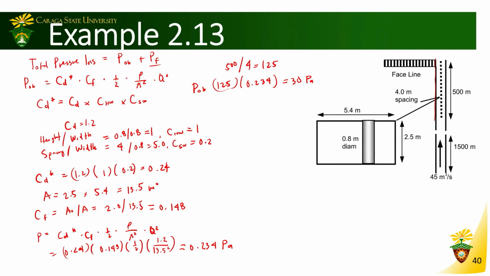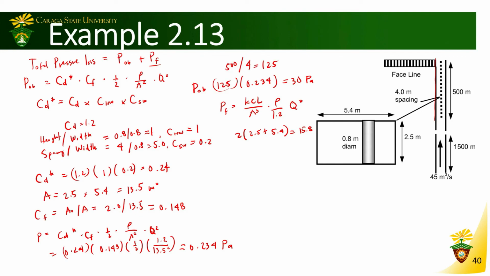P sub F is due to the friction, and we make use of Atkinson's equation, which is K C L over A cubed times rho over 1.2 times Q squared. The perimeter is of course 2 times 2.5 plus 5.4, which is equal to 15.8.